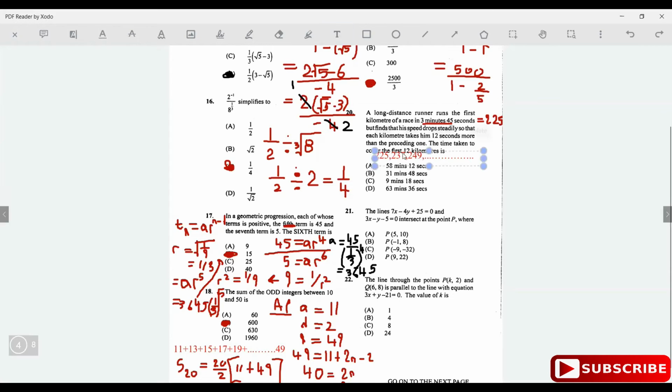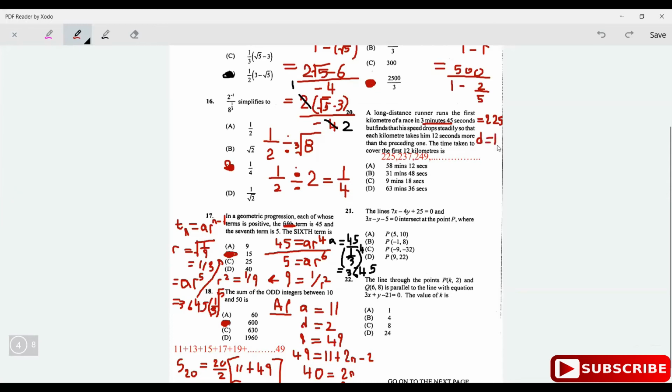And they want us to find the time taken to cover the first 12 kilometers. So to find the time, they want us to add it up. So first thing, we need to realize that the common difference is D because it's an arithmetic progression.